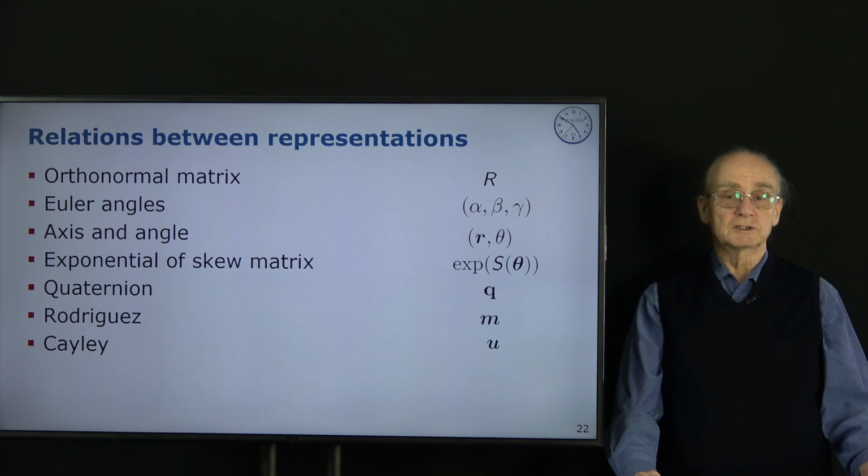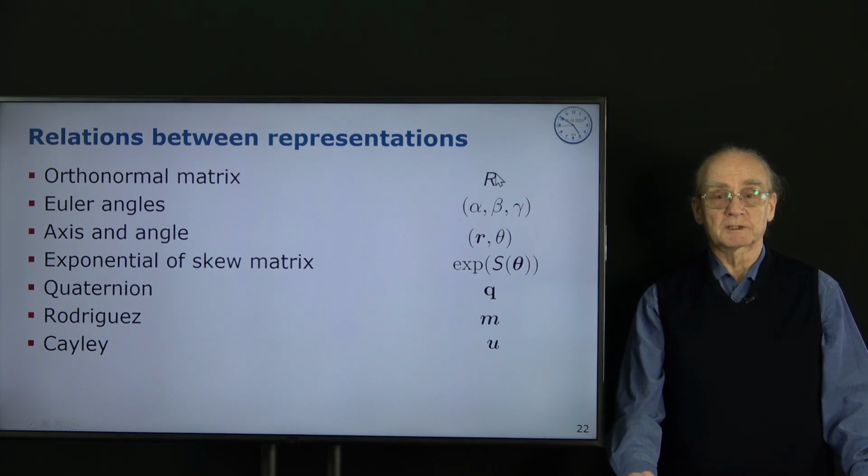So how are the relations between them? The rotation matrix, of course, can be derived using the equations which we derived. The Euler angles are a little bit off the road in this comparison, but we will come back to that in a minute.